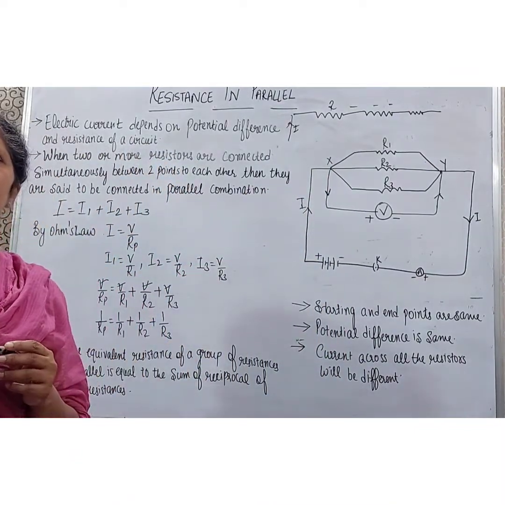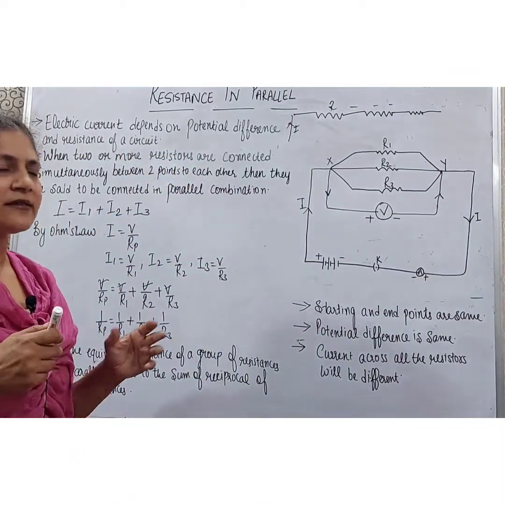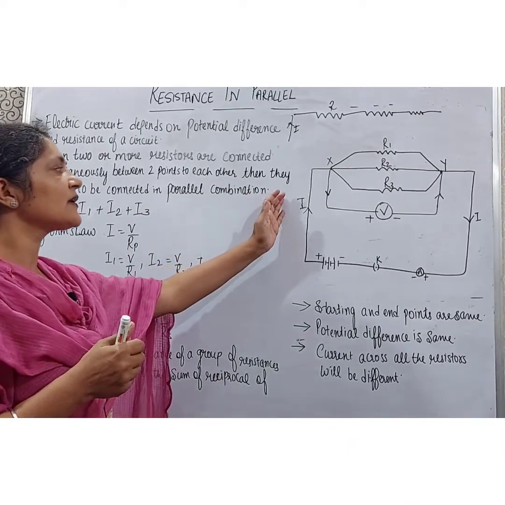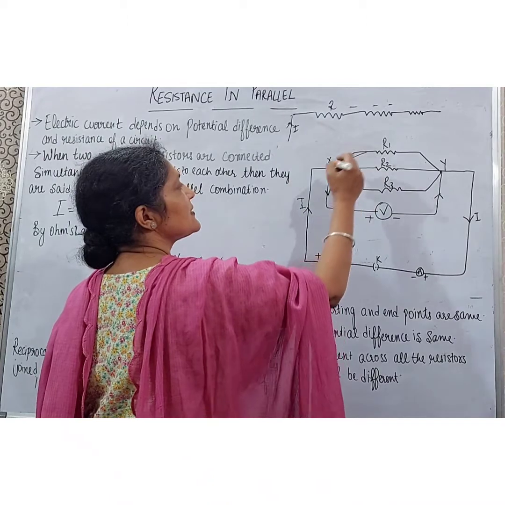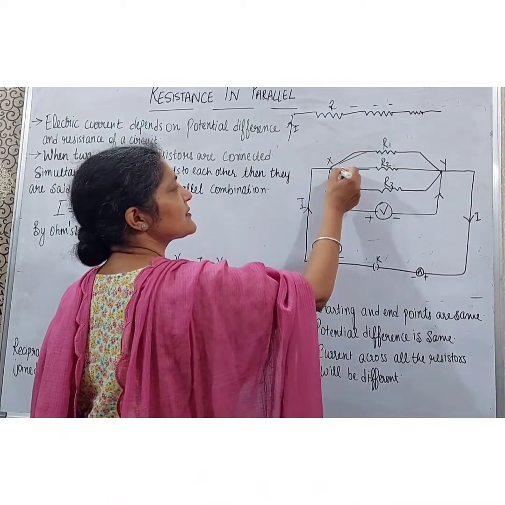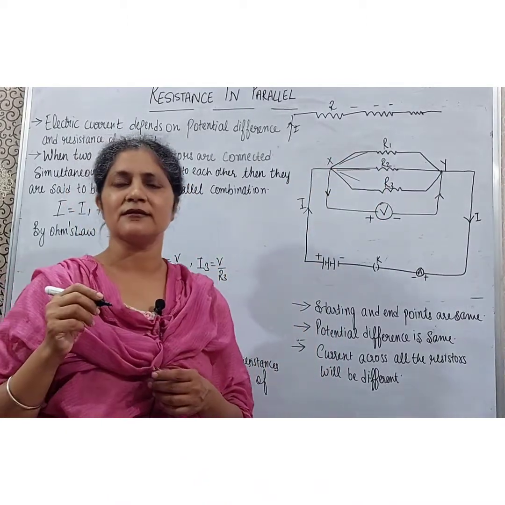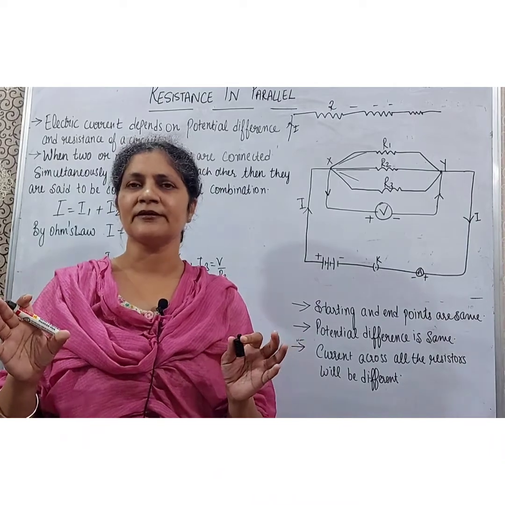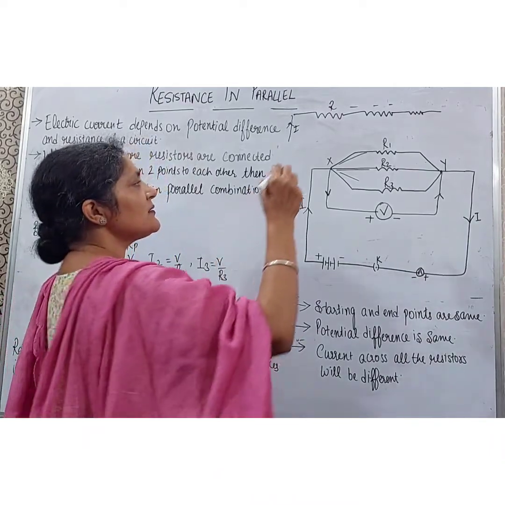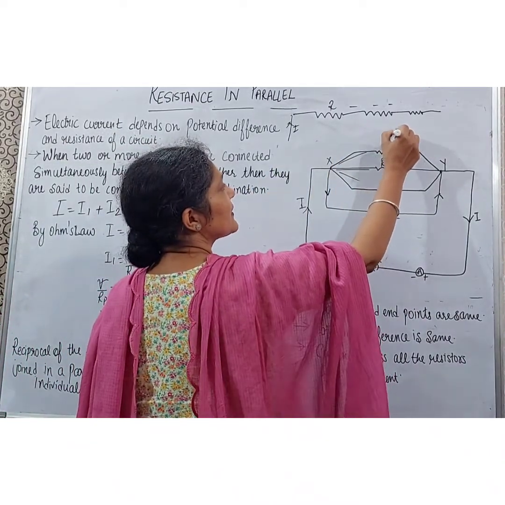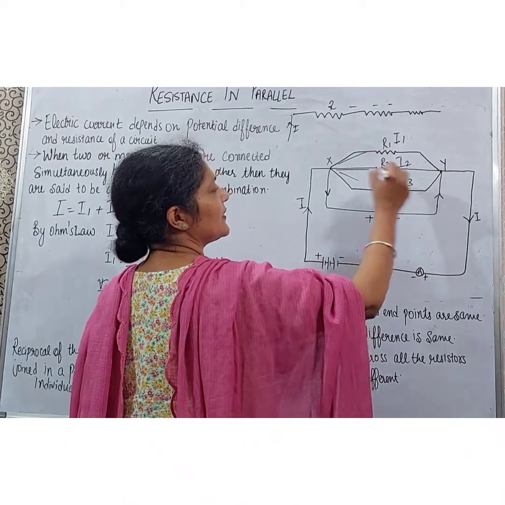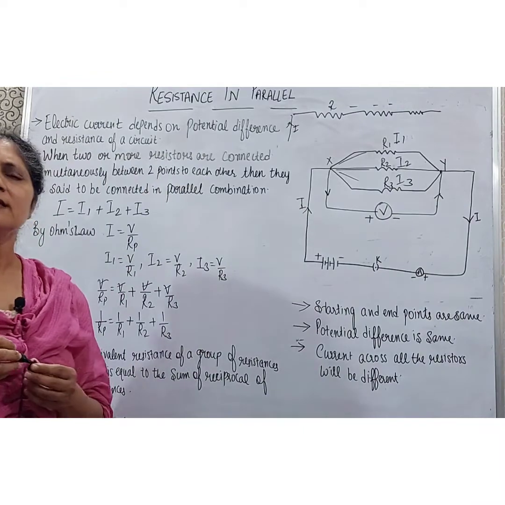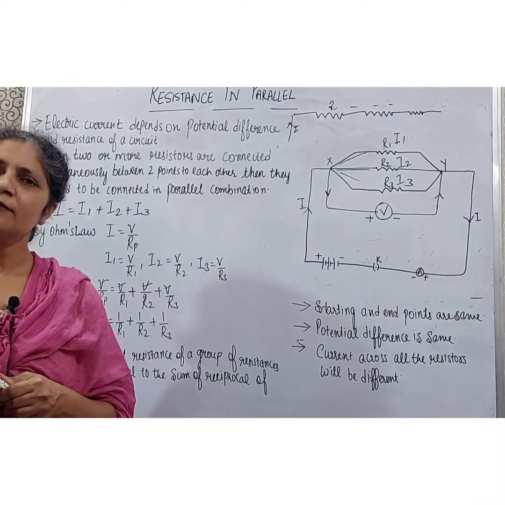But the opposite is the case in resistance in parallel. When the electric current starts flowing, it will flow towards this resistor and also towards the other resistors. So this electric current will be different. In resistor 1 the current will be I1, in 2 it is I2 and in 3 it is I3. In all the resistors, the electric current will be different.